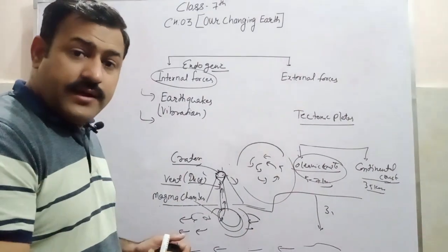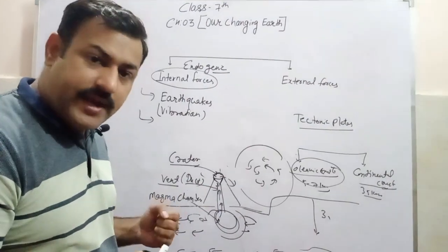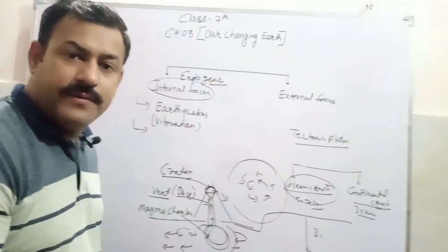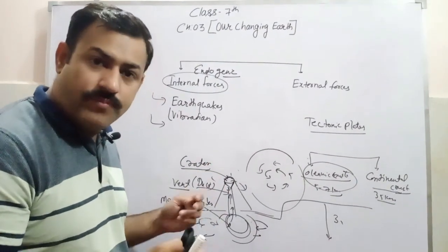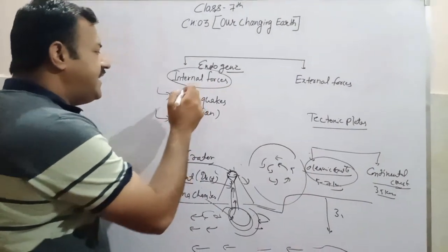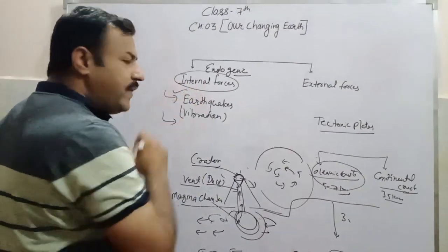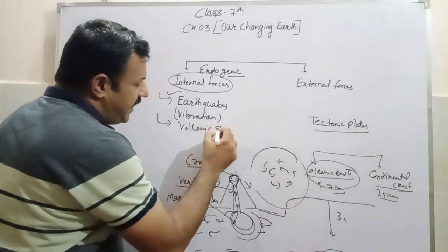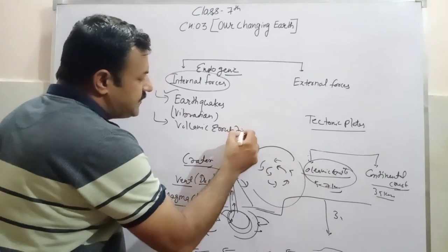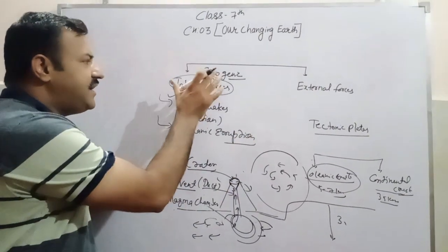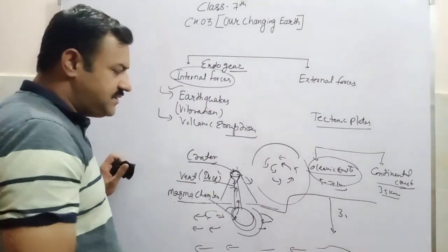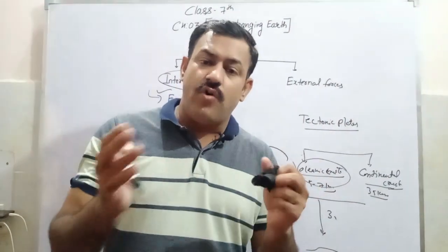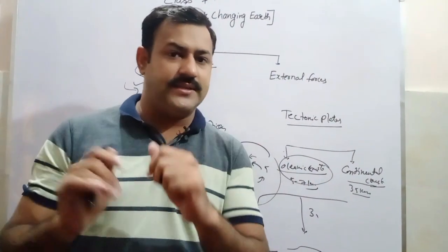So I think, students, you are now able to understand the mechanism of volcanic mountains, how volcanic mountains are formed. Today we have studied two things: earthquakes and volcanic eruption, and both of these are internal forces or endogenic forces because of which landscapes are getting formed, shaped or reshaped on the earth crust.